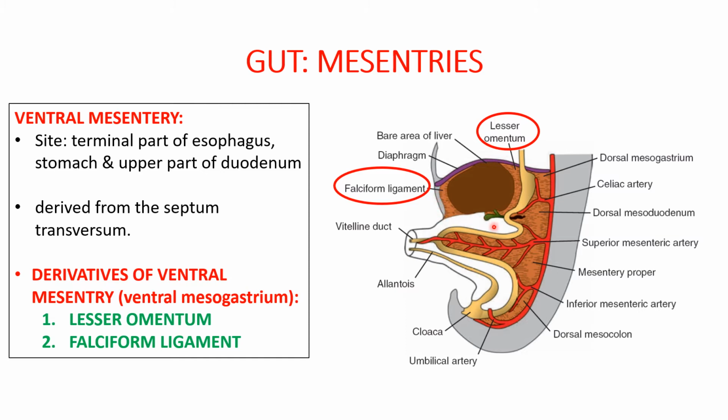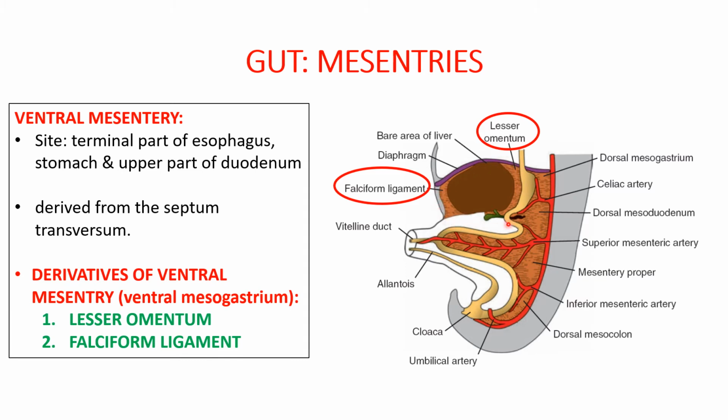So initially the entire gut tube was suspended anteriorly and posteriorly by the ventral and dorsal mesentery, but later on most of the ventral mesentery disappeared, and only in relation to the caudal part of the esophagus, stomach, and the duodenum has this much portion of the ventral mesentery been retained.